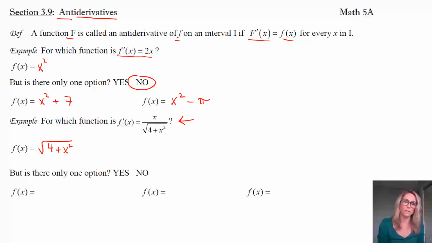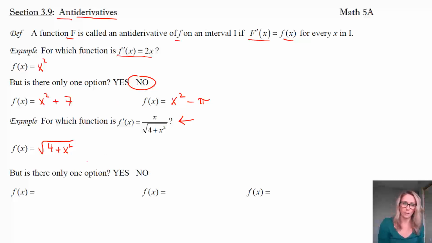That's 4 plus x squared to the 1/2. If you use the chain rule, bring down the 1/2, keep the same thing inside now to the negative 1/2, then take the derivative of the inside and simplify, you would get what you see there. But it would be a very hard thing to just guess.